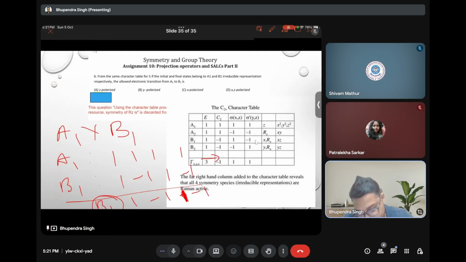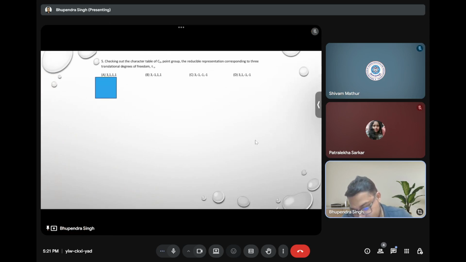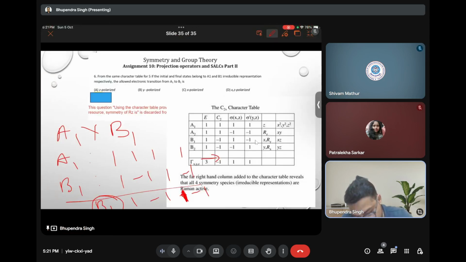This B1 is having x, along the x. So the allowed transition from A1 is x polarized.